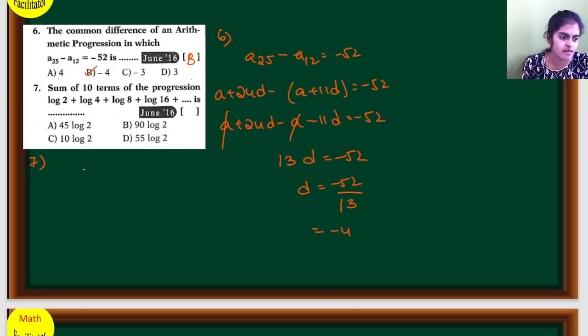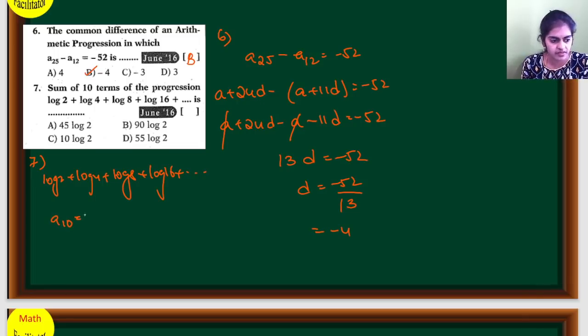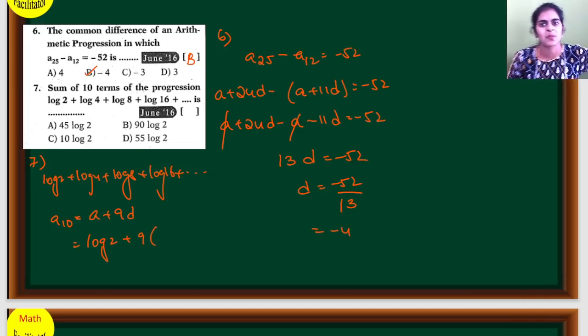Question number 7. Sum of 10 terms of the progression: log 2 plus log 4 plus log 8 plus log 16 plus so on. Let me know what is the 10th term. 10th term will be a plus 9d. So a is log 2 plus 9 into d. Common difference is how much?